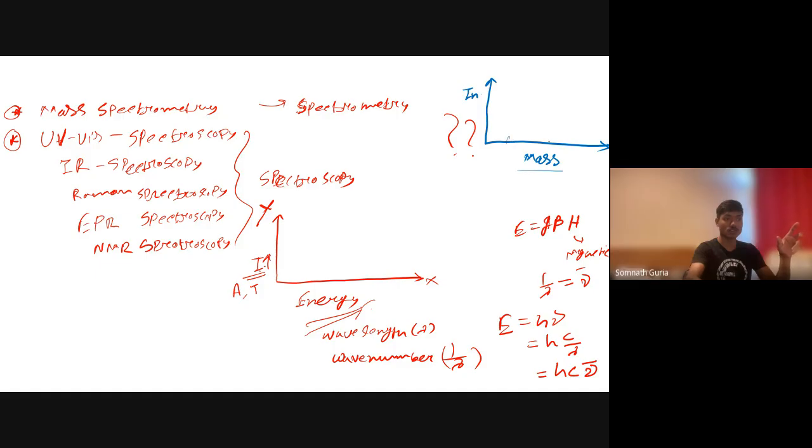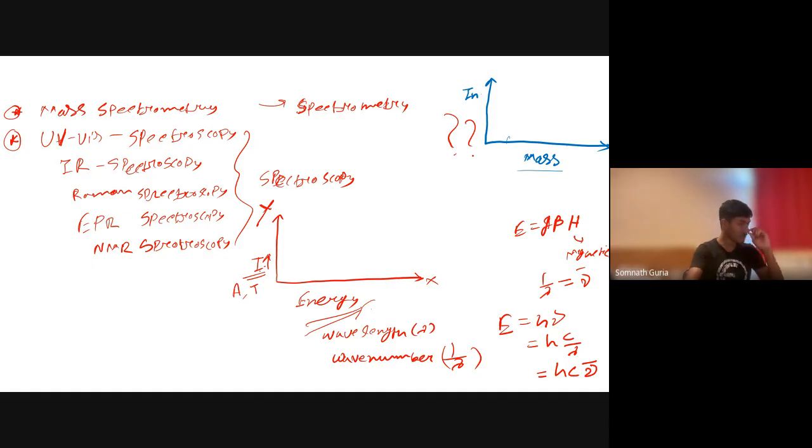This is not connected with the energy term. That is why it is called mass spectrometry, not mass spectroscopy. Someone may say mass spectroscopy, but never say that. Mass is mass spectrometry, and in spectroscopy the x-axis is always my energy term and the y-axis is my intensity term.